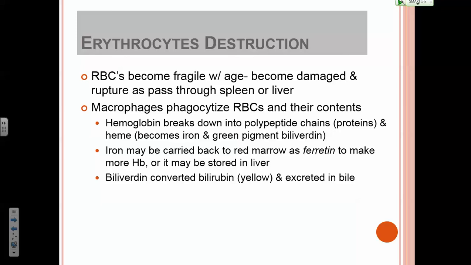From the hemocytoblast, erythroblast, reticulocyte, erythrocyte. Okay, and it happens a gazillion times every day, right? Okay. How long do those red blood cells live? 120 days. Therefore, every day you got a whole bunch of them dying, don't you?